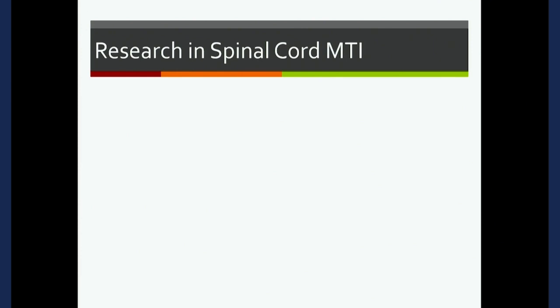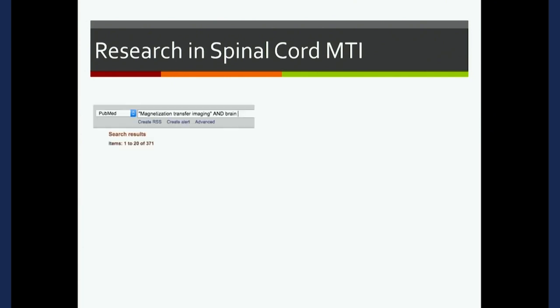To give you an idea on the research going on right now in spinal cord MTI, I did a small search on PubMed. Do you guys know what PubMed is? It's a database of scientific publications, established by the NIH. I went there just to see how many publications are there in spinal cord MTI.